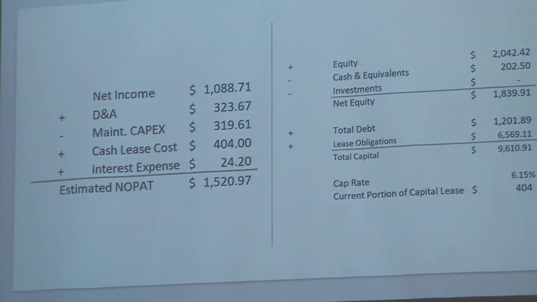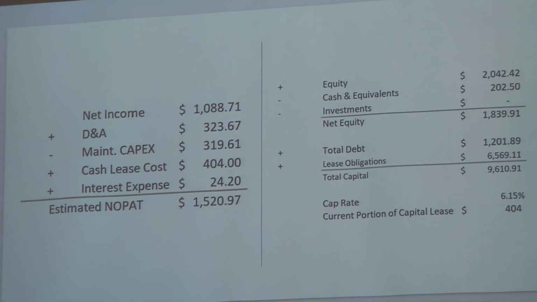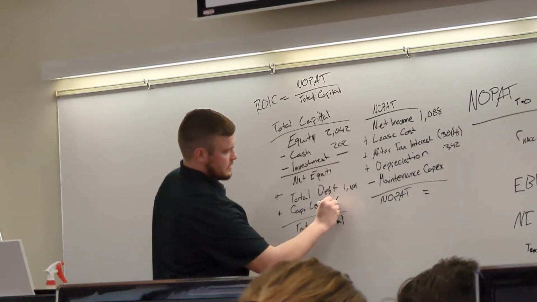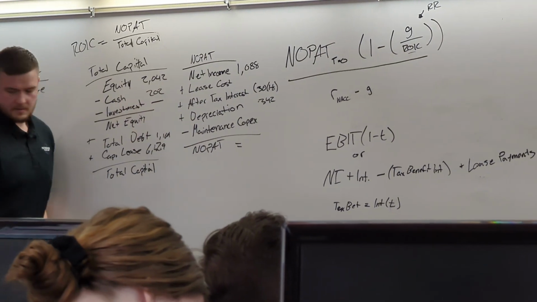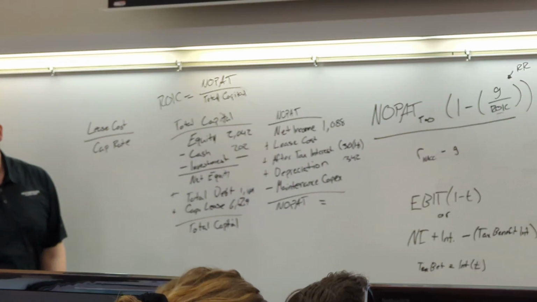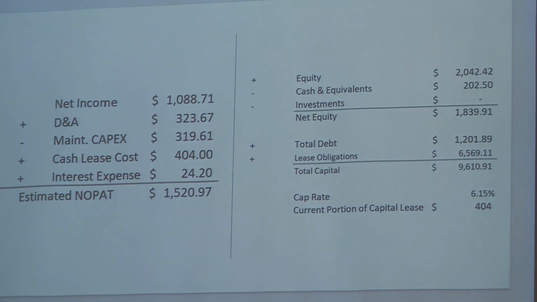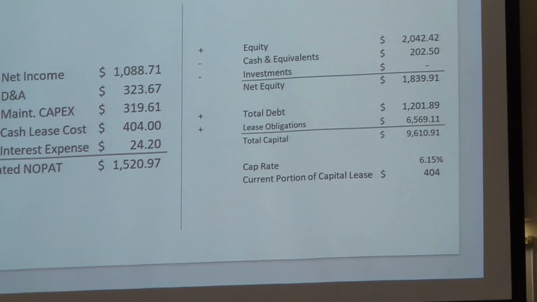Here we go, we fill it in a little bit more. So the lease obligations, like I said, is our lease costs, which was about 400 million, divided by our estimated cap rate. That comes out to about 6.569. So we can see that equity's up there. And then our lease costs.